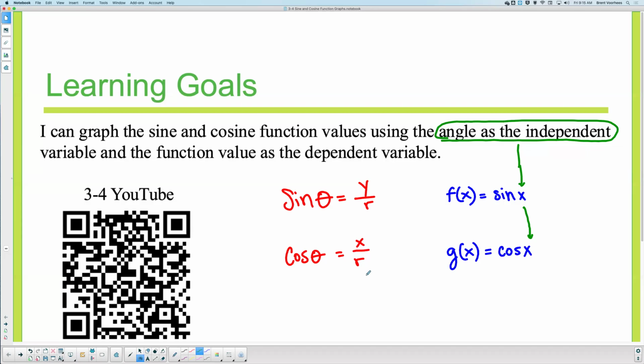Does that make sense? So if you look at the equation, this part is what goes in there. The theta is what goes in these spots. The angle, that's theta. Okay, so that's how it'll work.